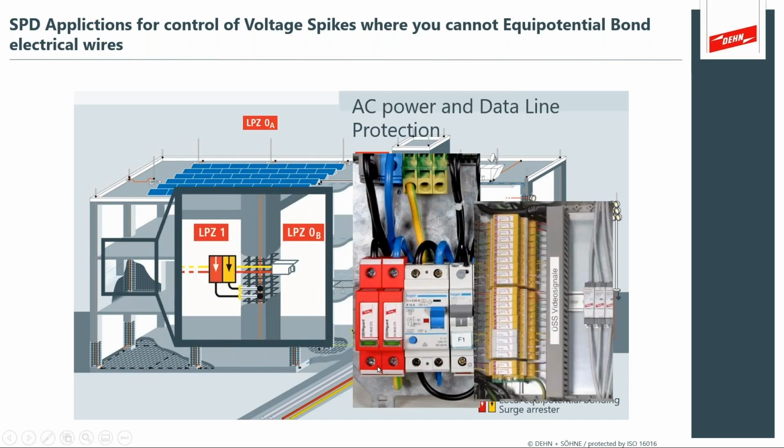And there's a good discussion about zones of protection, where you've got what's described as zone 0, where it's actually within the protection offered by the air terminal. But then you can become embedded deeply into a data center or a hospital operating room or a critical control panel at a nuclear power plant.